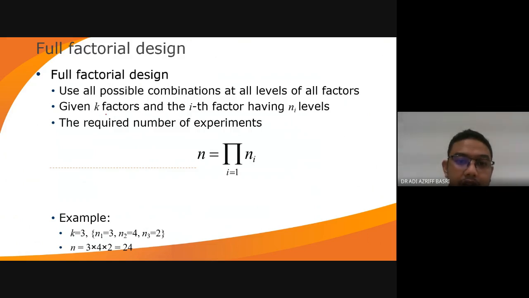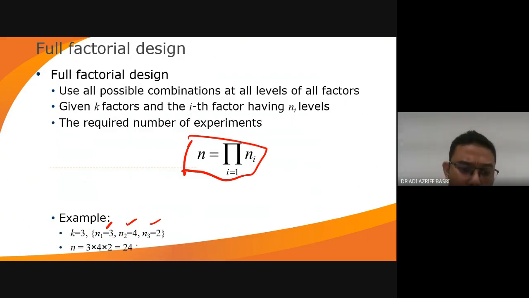Given k factors and factor i having n_i levels, the formula of full factorial is the product. For example, your k is 3, with n1 is 3, n2 is 4, and n3 is 2. You multiply every factor level, so 3 times 4 times 2, in total you have 24 experiments that you need. Okay, so this is full factorial. You need to consider all.